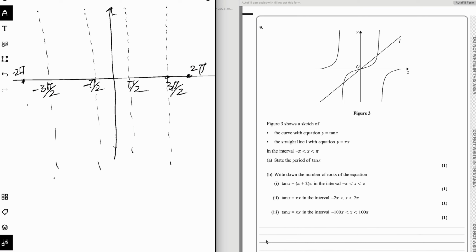How to draw the curve? Always put the asymptotes at 90, 270 for the tan x curve, and minus 90, minus 270 like this. From minus 90 you start at the asymptote, with an inflection at 0, and do it. And here the same, you repeat it. This is pi, right?